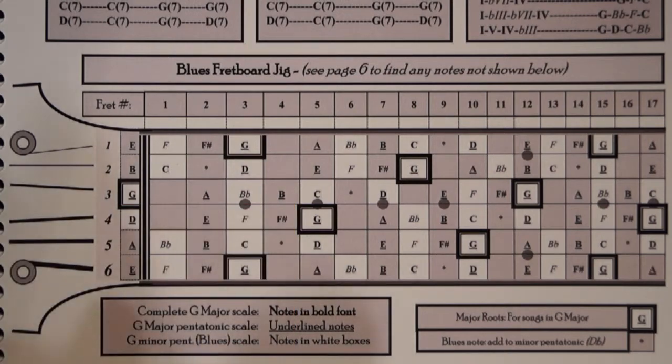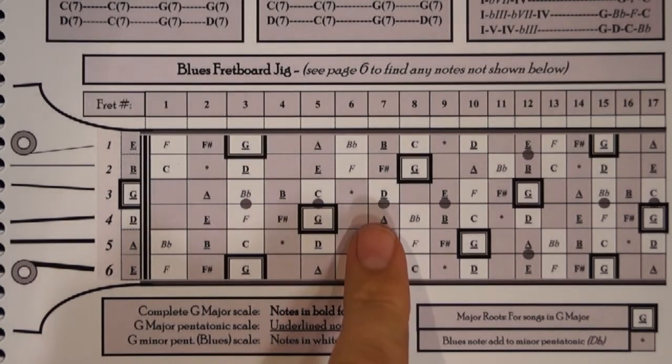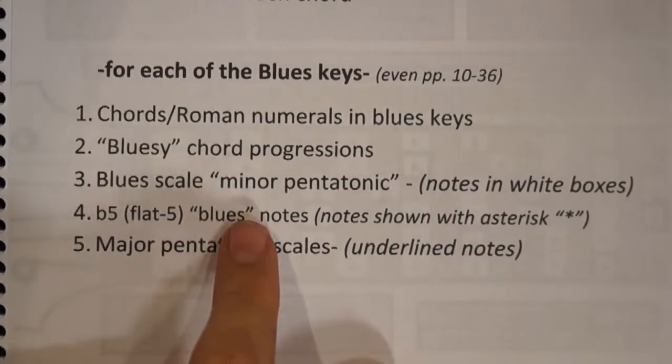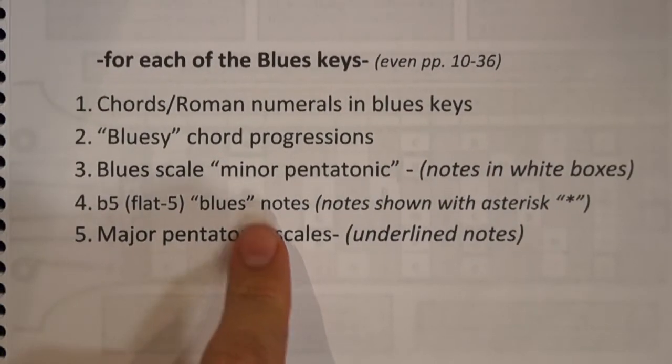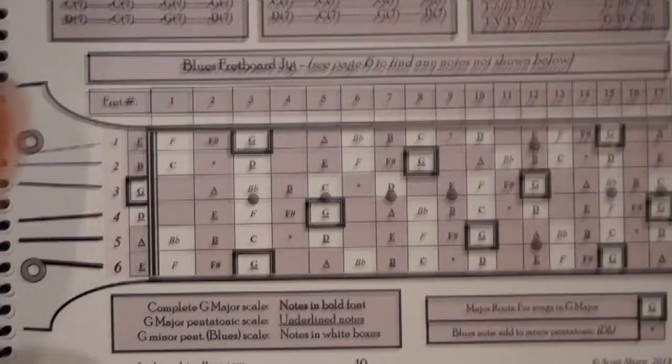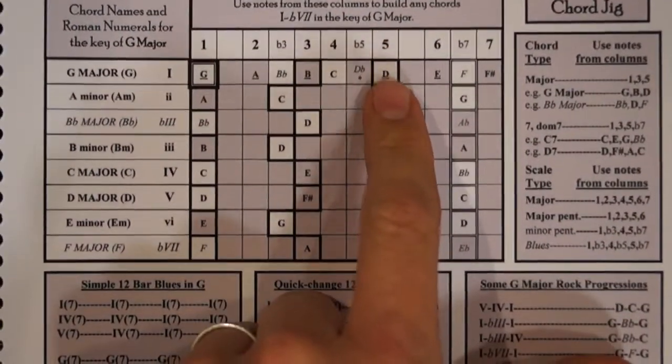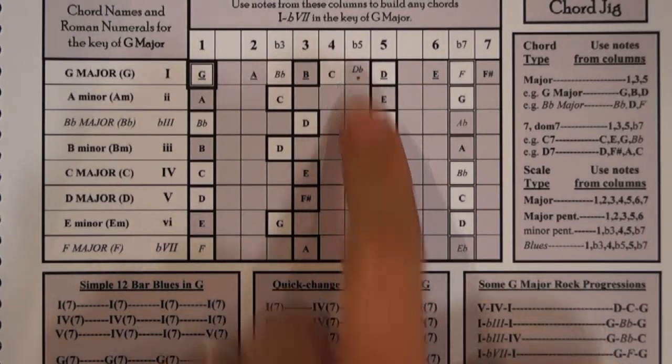So G, B flat, C, D on 5 here is easy to find. And then when you see lessons and people are showing you blues in G, you know lots of notes that they're already going to be pulling from. Another common idea is these flat 5 notes, or blues notes, and in my book those are shown with an asterisk. In G, the 5 note is a D, so a flat 5 is a D flat.